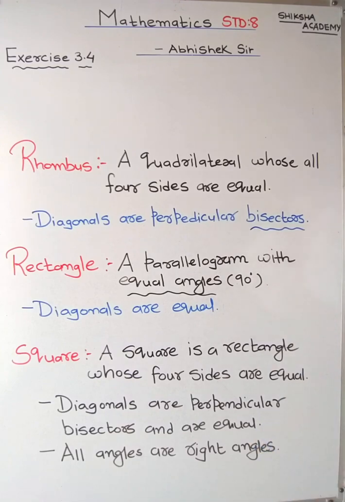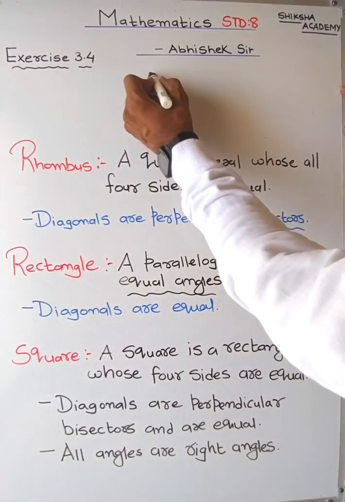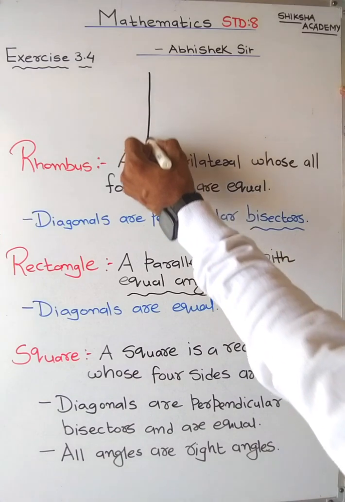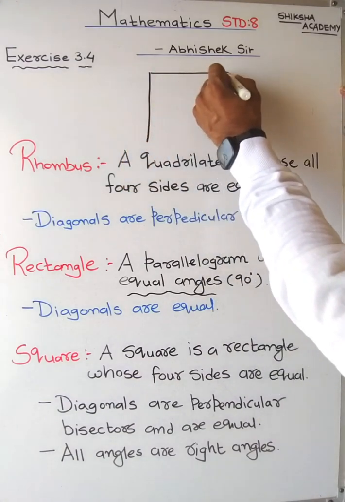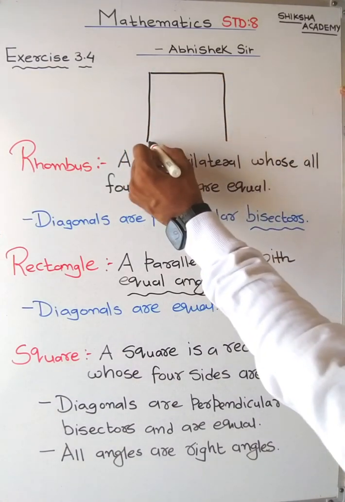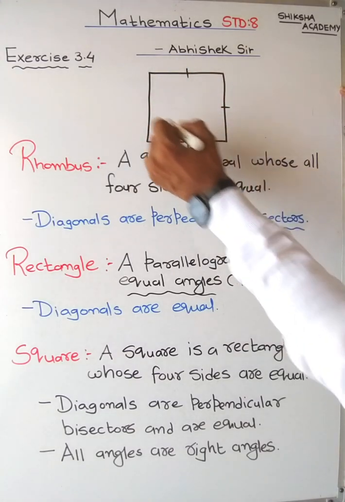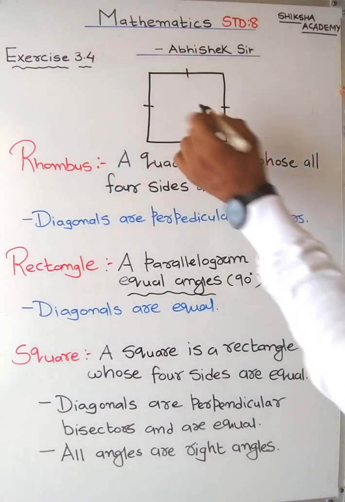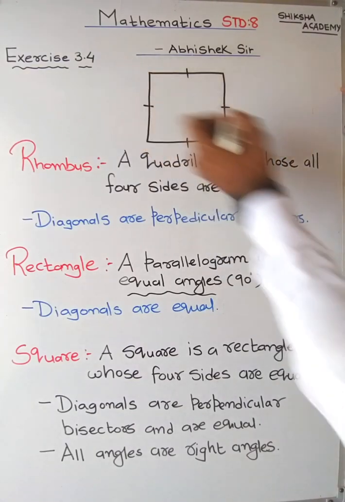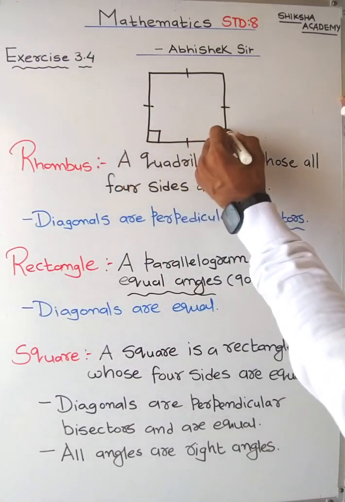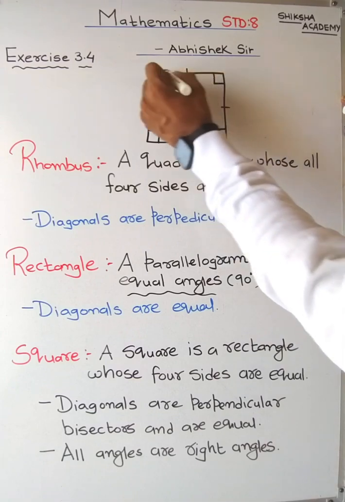Clear? So drawing a rough figure of a square, first I have to take care that all the sides are equal. So I will draw like this, showing all the equal sides. Then all the angles are right angles.